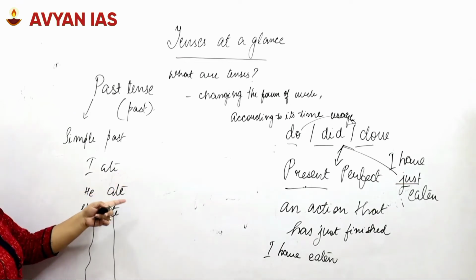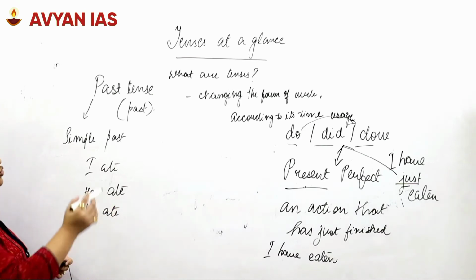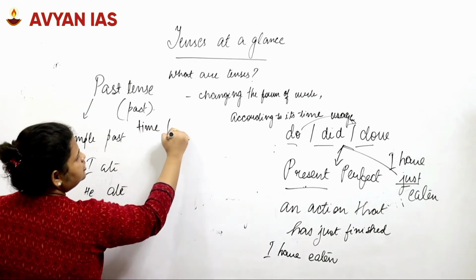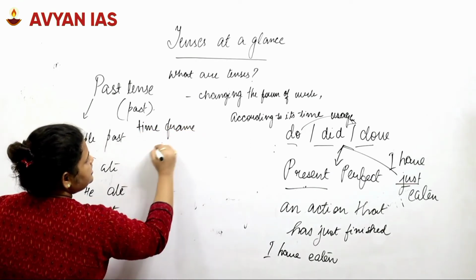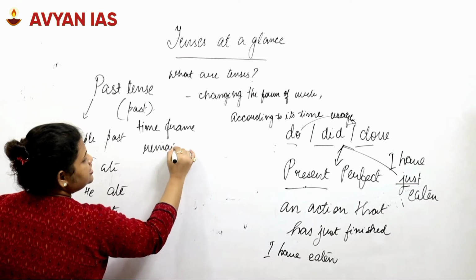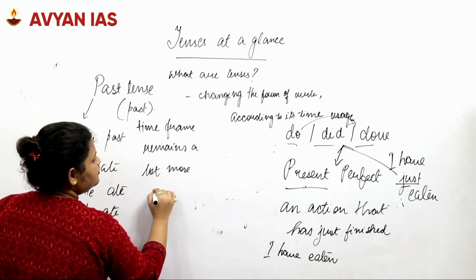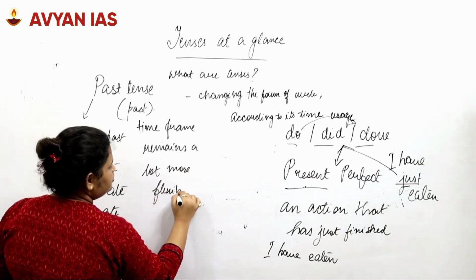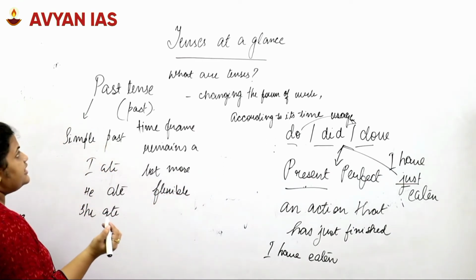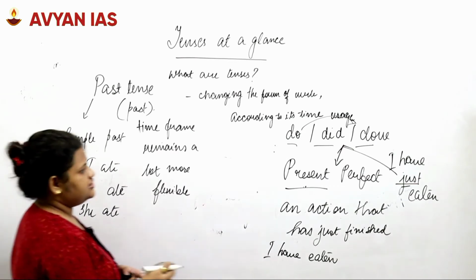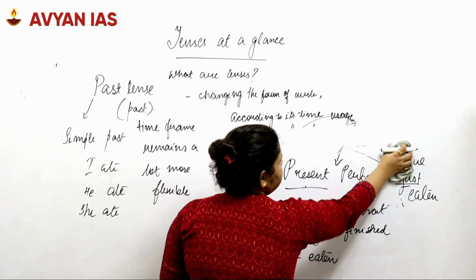This action could have happened 2 days ago, could have happened 2 hours ago also. So we are leaving the time frame a lot more flexible. Okay, the next we will come to the past continuous tense.